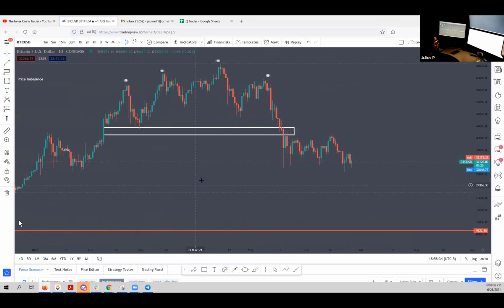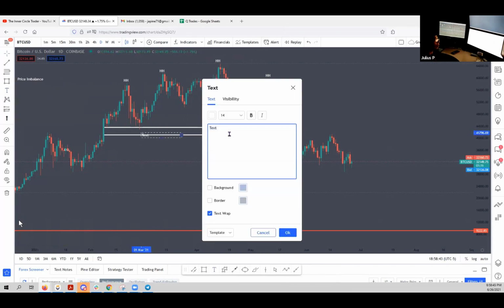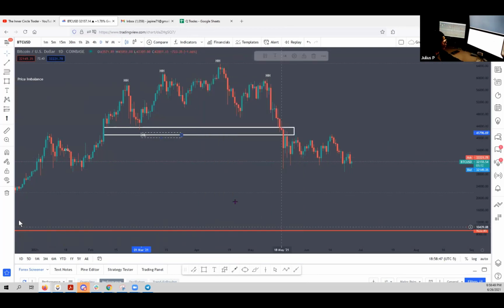Now let me explain something. Part of the reason why it's important for you guys to know this is because when I was going here, let me just start marking this up for you guys. Higher low.